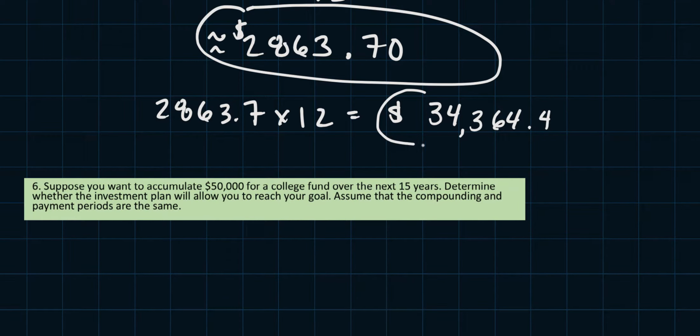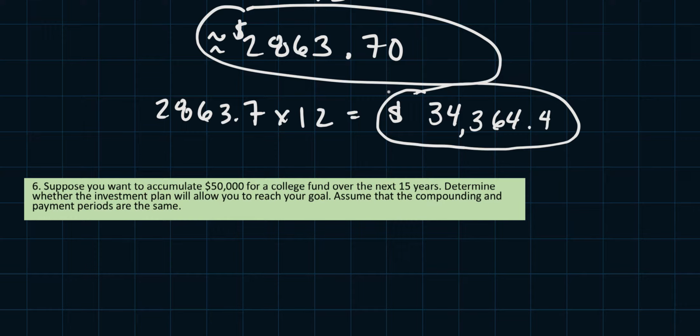This is basically an income. This is like making money every month and not taking any money out. If you made $34,364 every year, you would have to just be putting that money into the bank at this rate, $2,863 every month to make this $5 million.